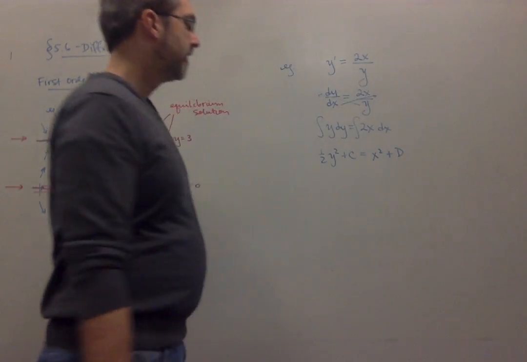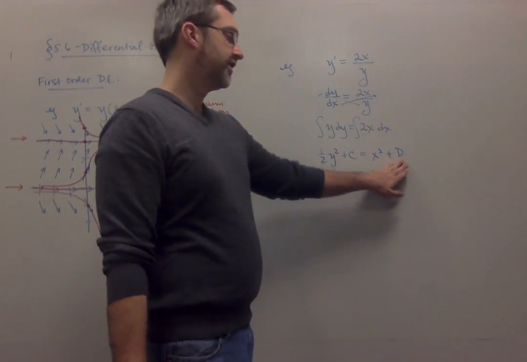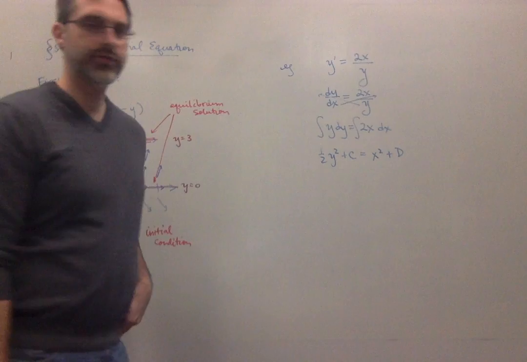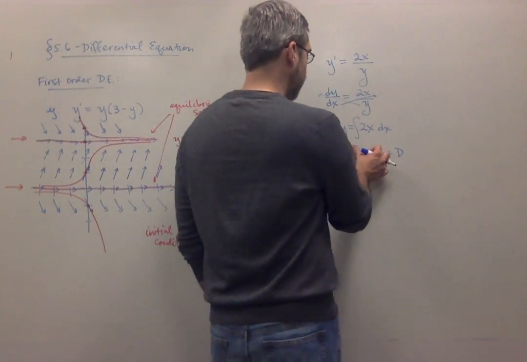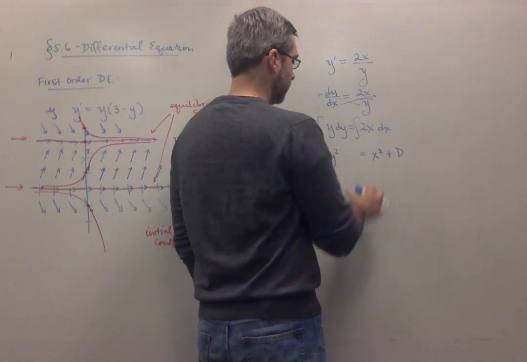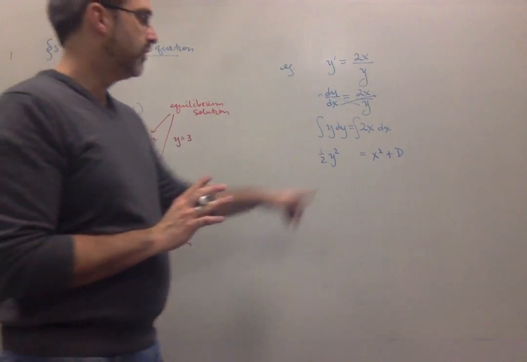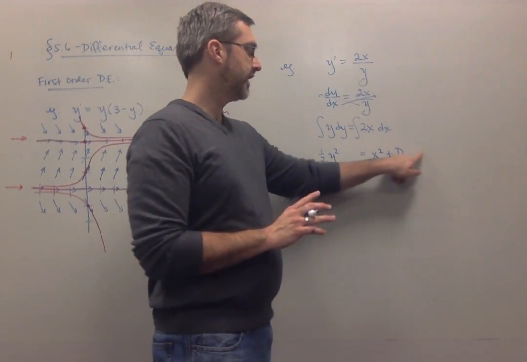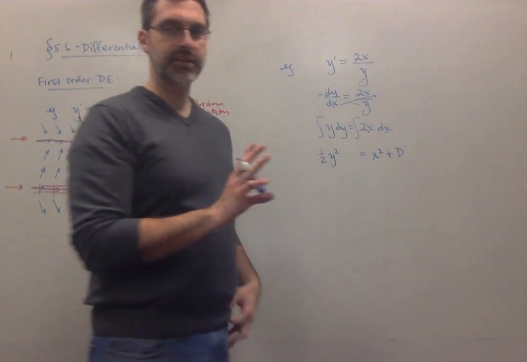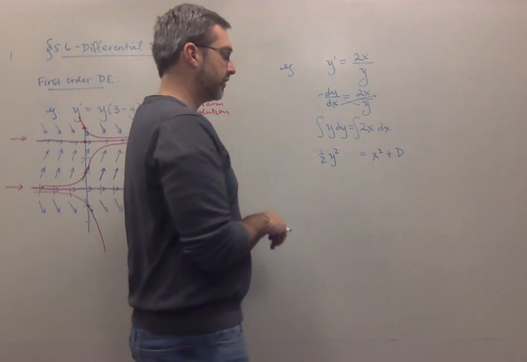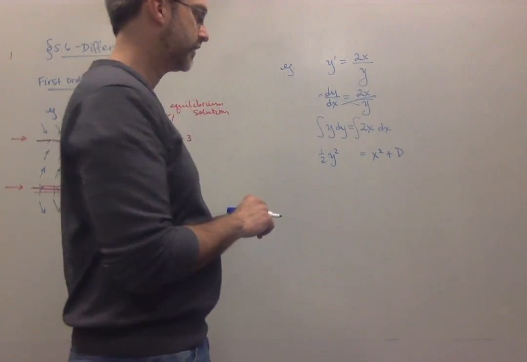Now, this is an arbitrary constant and this is an arbitrary constant. We don't need two arbitrary constants there. So if we drop one of them and just keep the other one, that's perfectly fine. Because if I move this to the other side, I would get d minus c, and this is just some random constant. So I'm just going to drop one of those two arbitrary constants there.